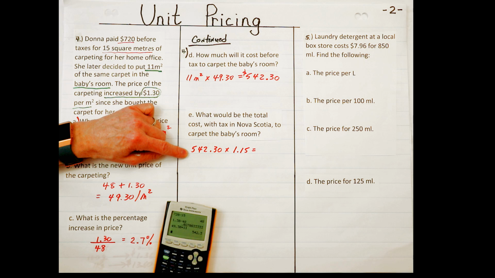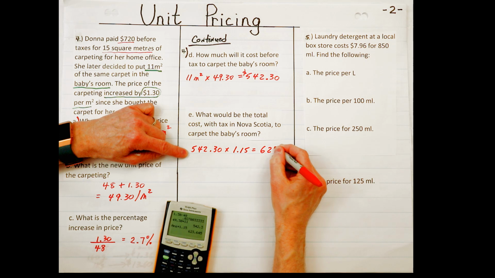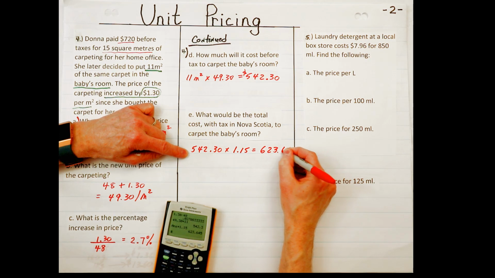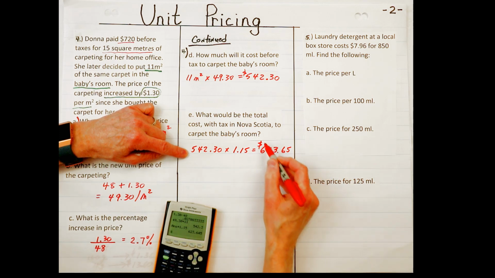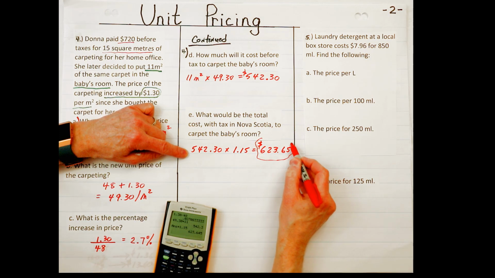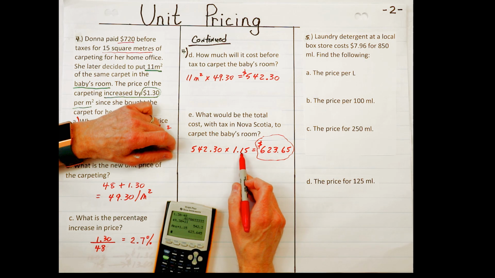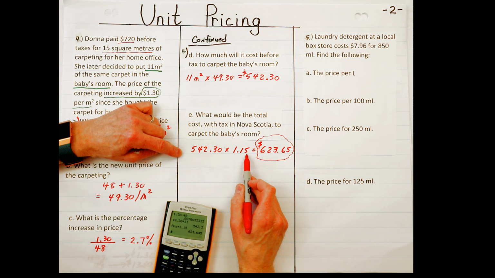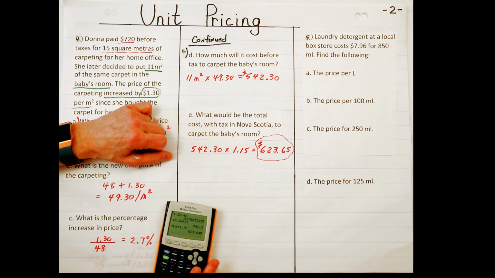So I'm going to multiply by 1.15. In Nova Scotia, that's what we pay. $623.65. Yes. That's what it's going to cost, including the tax. So in Nova Scotia, the combined tax rate on stuff that we buy is 15%.